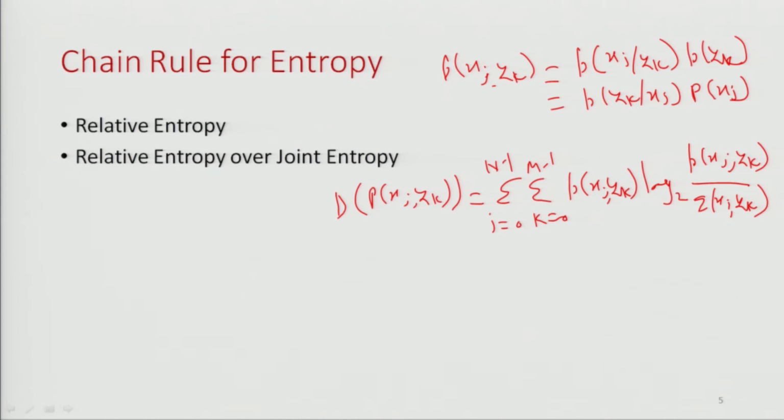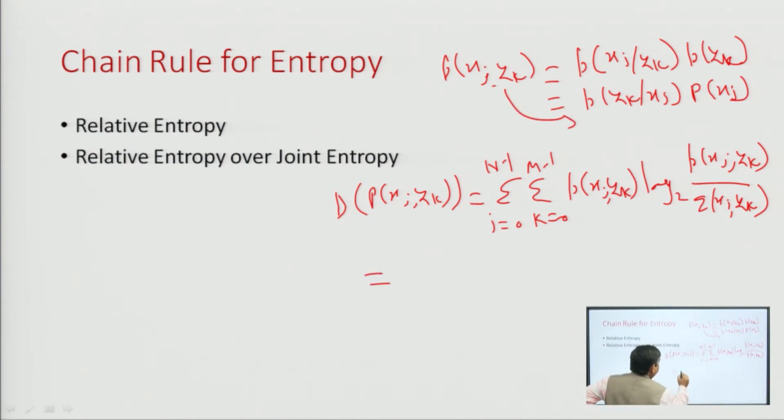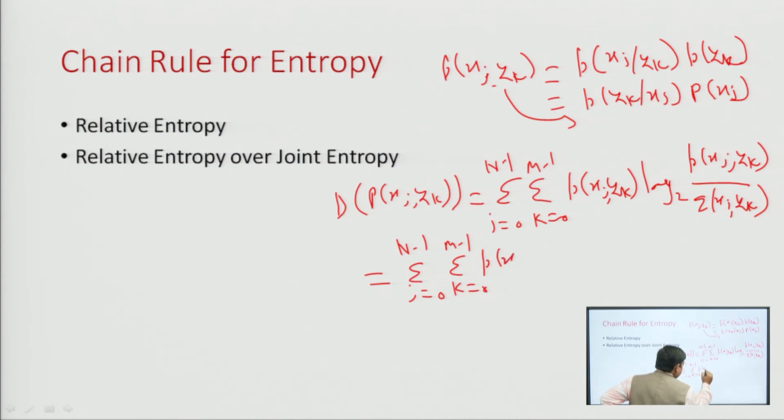Then the joint probability can be broken into the second part, that is p(y by x) into p(x). Using this one, it can be written as summation over j from 0 to n minus 1, summation over k from 0 to m minus 1, p(x_j, y_k), which remains the same, log of base 2.